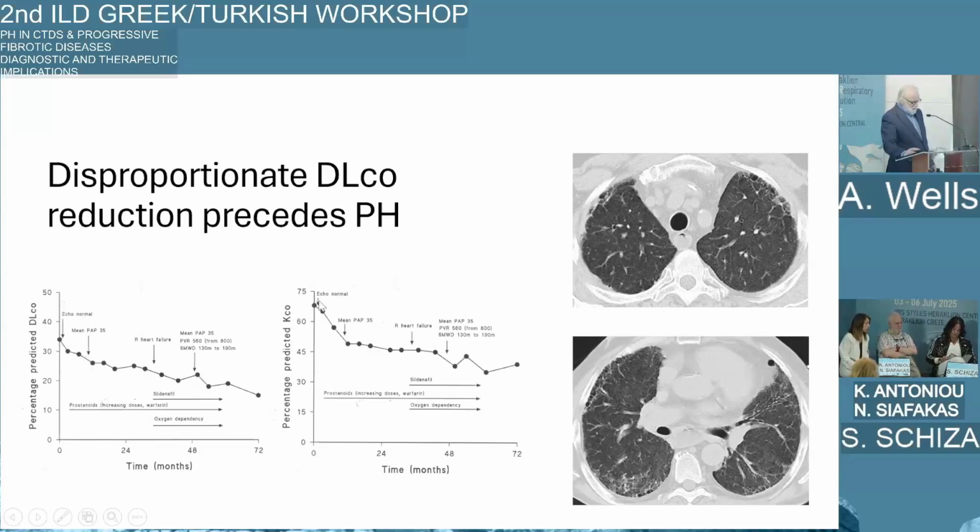And you can see that you have a low KCO to start with, you have a falling KCO, and with a normal echo, and then about 9 months later, the first right heart study normal, you have falling KCO, you have a vasculopathy present, you don't have to have pulmonary hypertension, and then eventually this patient did develop pulmonary hypertension confirmed at a right heart study.